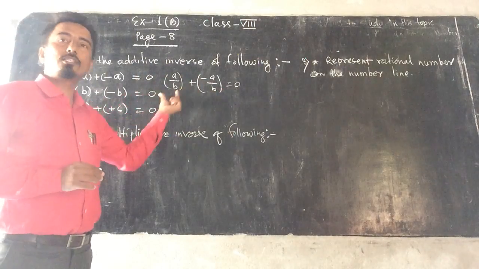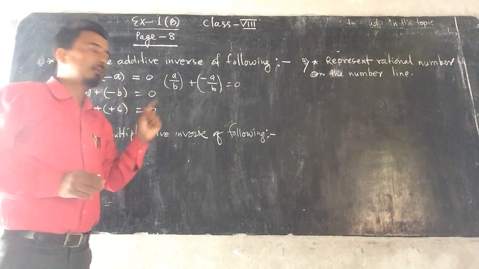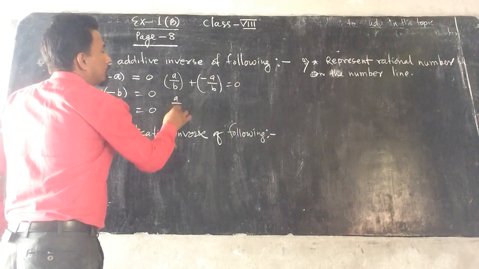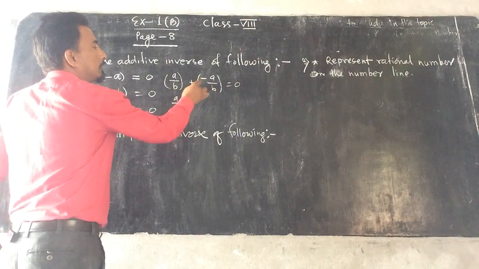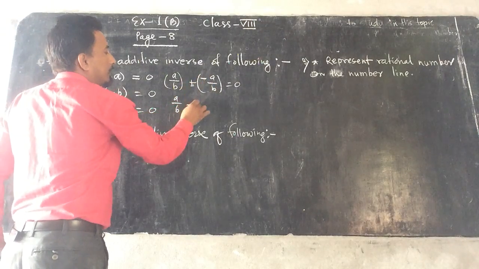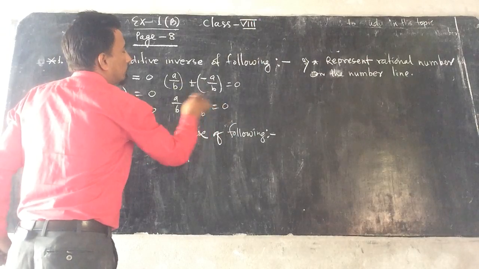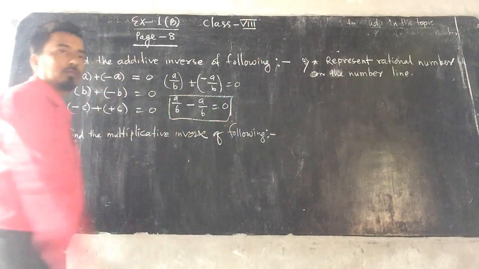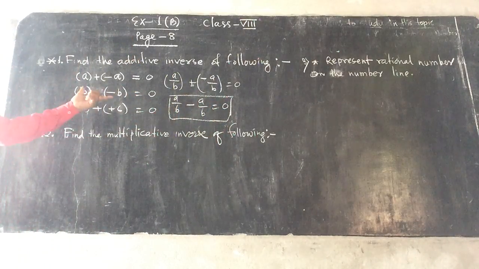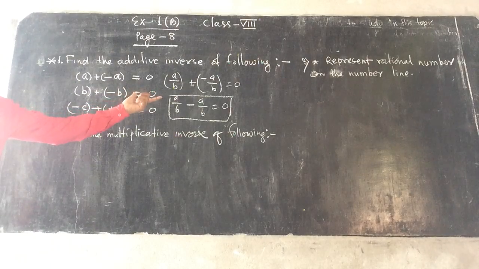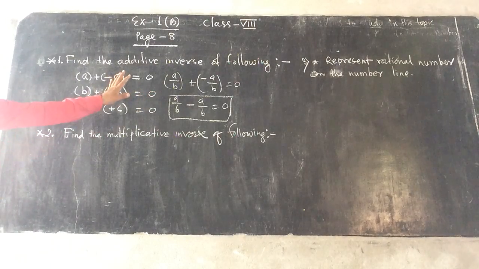How do we get 0? A by B, if you remove the bracket, you multiply the signs. Plus A by B minus A by B equals what? 0. Did you get my point? So it is a very simple concept, additive inverse. Any confusion here? No, sir.